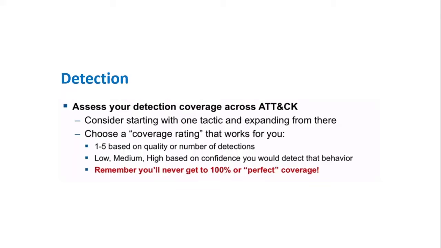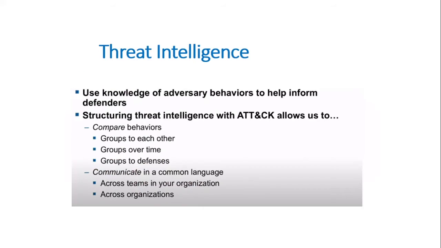In detection, the ATT&CK coverage is consistent, whereby you begin with one tactic and expand to more other tactics being used by the adversary, and look at how we can detect a particular attack. And we always know that detection can never be 100% sure. That's why there's a need for the ATT&CK framework and some adversary emulation.